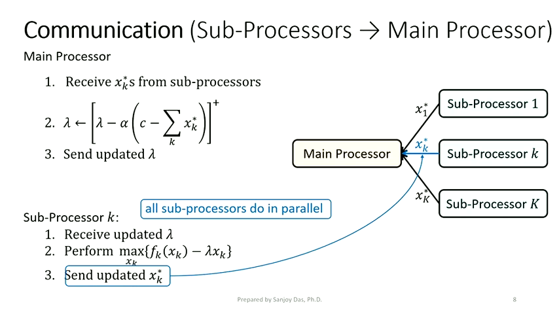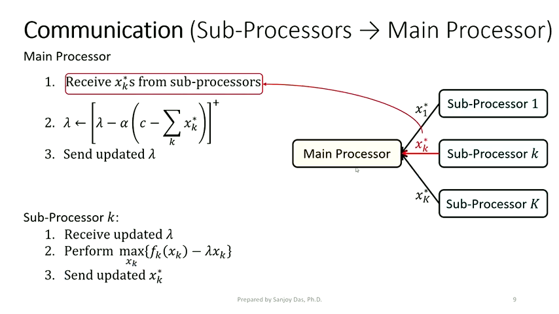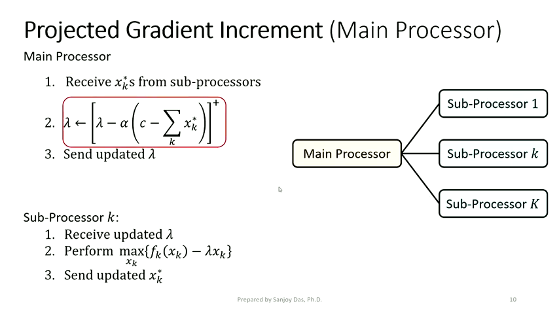So this is where the cycle begins. And then the main processor receives xk stars from all the subprocessors. Then it applies a single step of projected gradient descent on the dual with step size alpha.